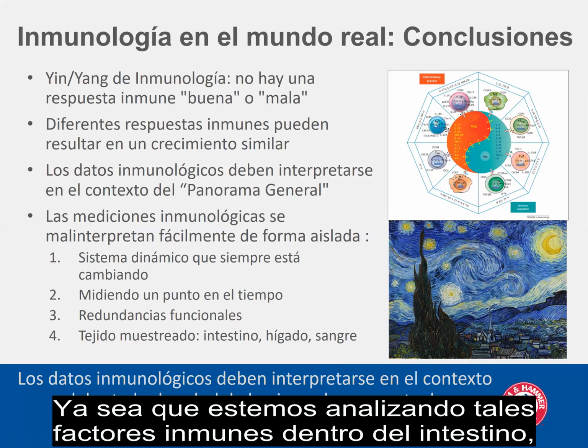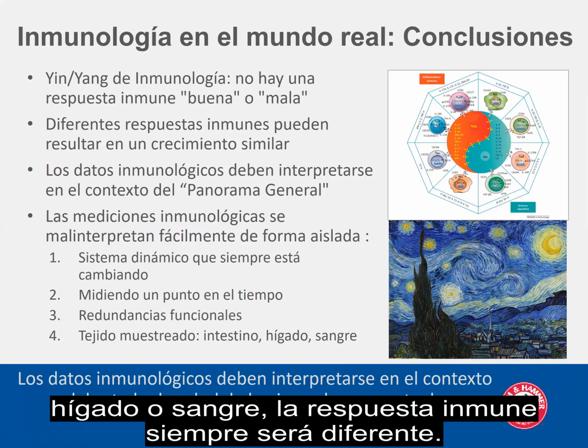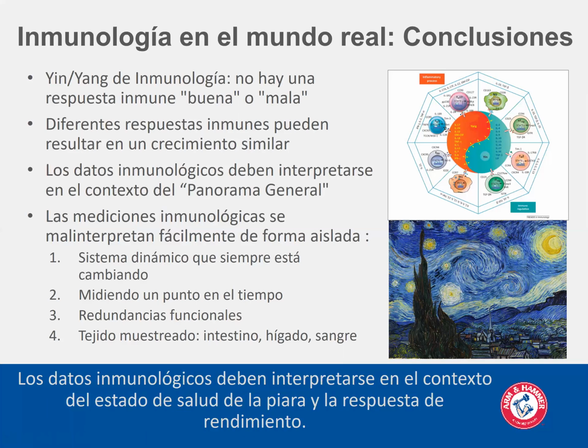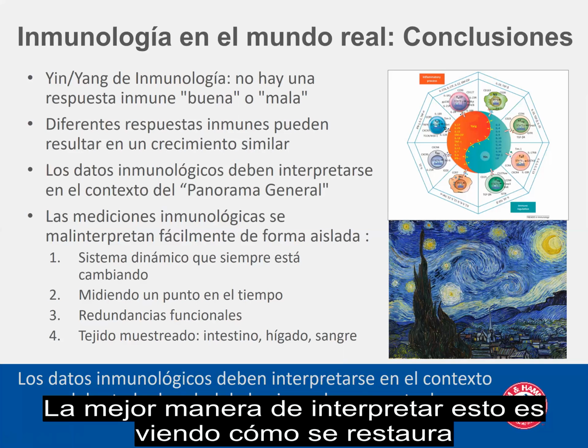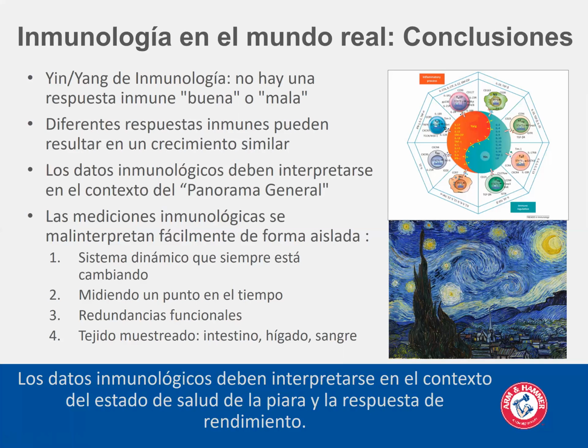Whether you're measuring that immune factor or factors within the intestine, within the liver, or within the blood, the immune responses are going to be very, very different. So tumor necrosis factor alpha may be high in the intestine, but at the same time low in blood. And how do you start to interpret that? You have to interpret it into the whole host homeostatic response or steady state.